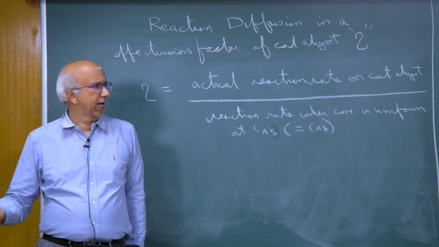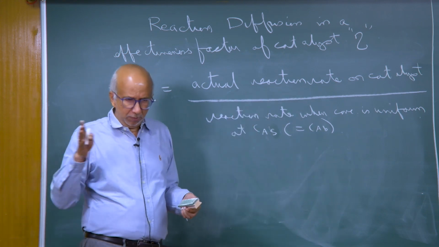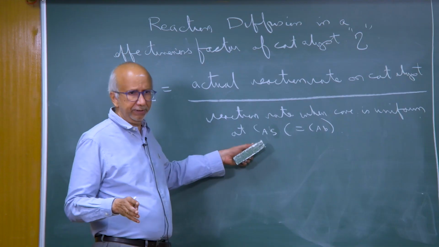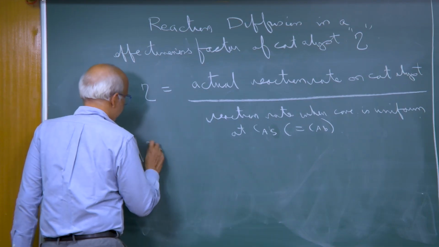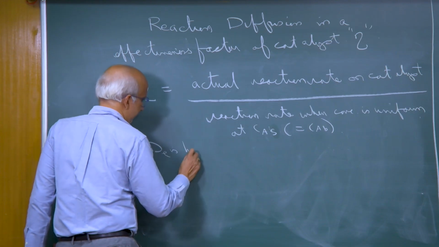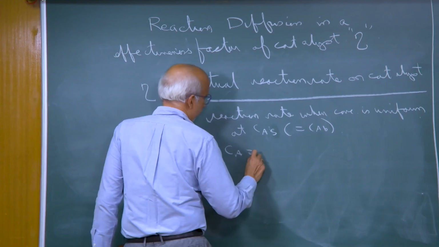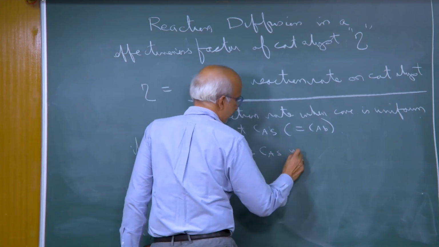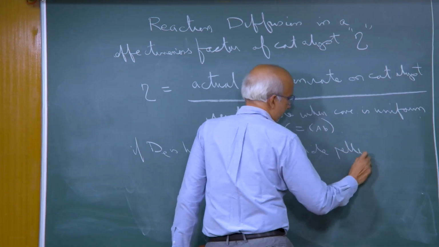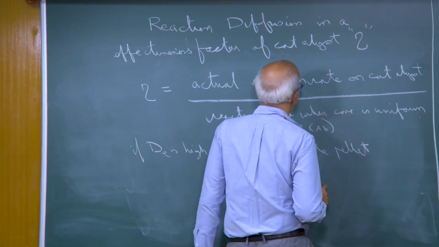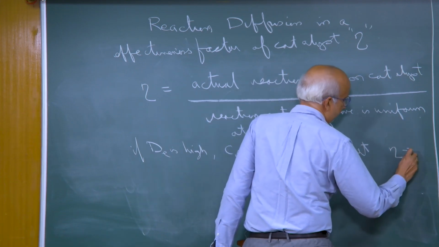And so the reaction rate which is actually happening will be almost the same as the denominator. So if D E is high, C A is equal to C A S inside the pellet, and eta will be 1.